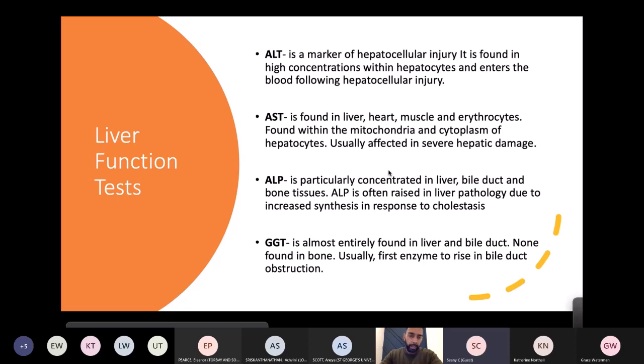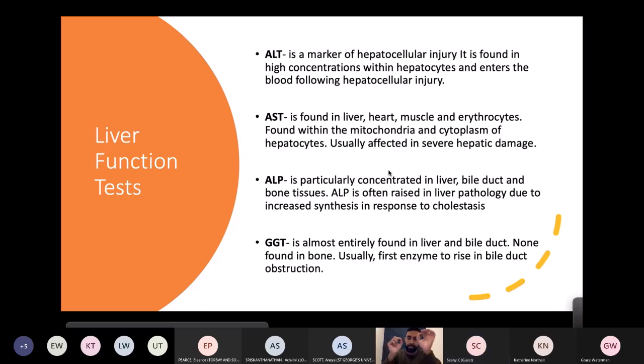You also get ALP and GGT. Now these are found in your bile duct, which is, unfortunately I haven't got a picture of this, just below the liver. ALP is, I think, alkaline phosphatase. That's concentrated a little bit in the liver because, if you remember, you get your two hepatic ducts, which form the common bile duct.